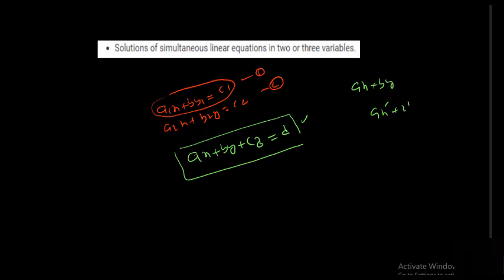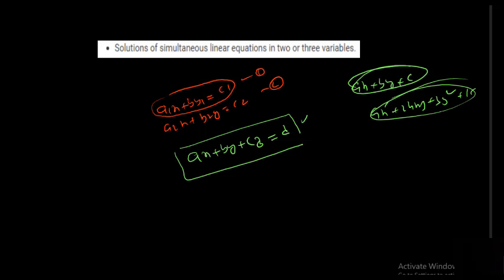Ax square plus 2hxy plus by square is also a homogeneous expression. If some c is added, or some k is added, it is a non-homogeneous expression, because that is degree 0 while the other terms are first or second degree. What I wrote here is a non-homogeneous linear equation. If d equal to 0, then this is said to be a homogeneous linear equation.